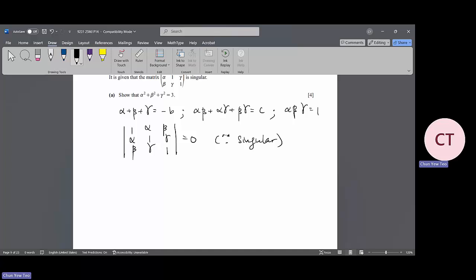You have 1 minus gamma square. Then you have alpha minus beta gamma. Then you have alpha gamma minus beta. Expand them, you get this.